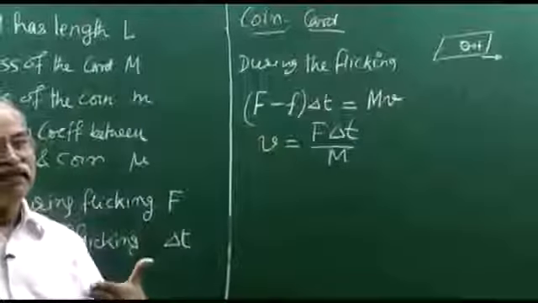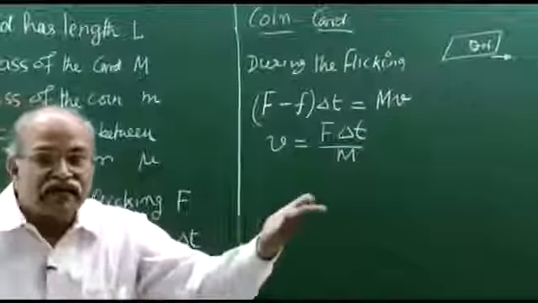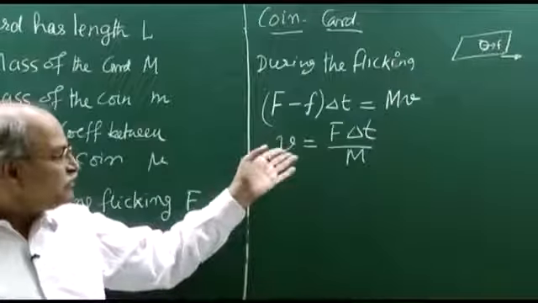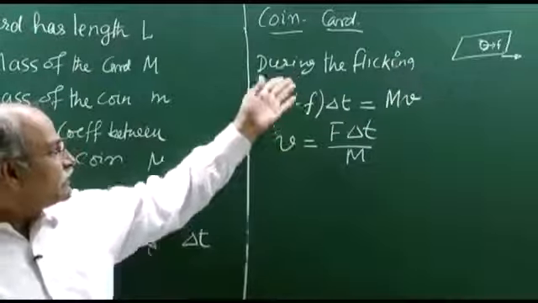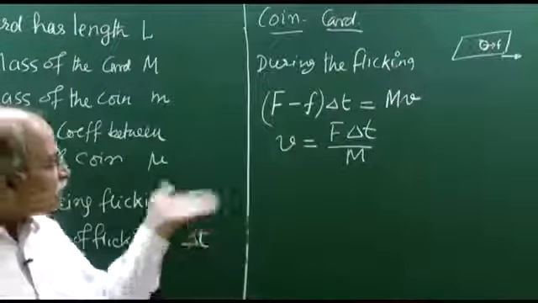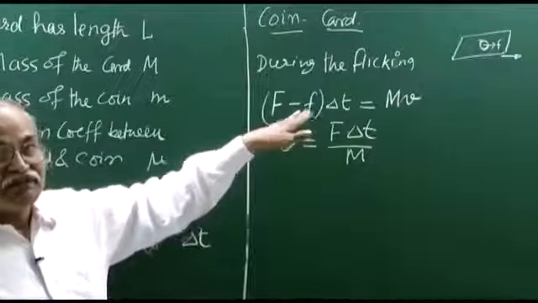So, you can think that the card has started moving with velocity v, and in that small time delta t, the coin will not gain much of the velocity, but after that this friction will be effective.